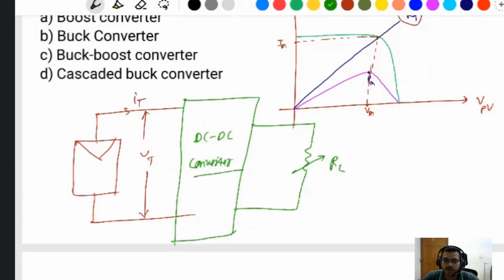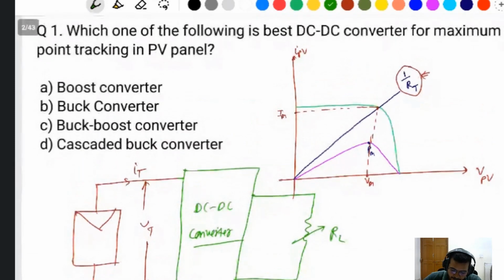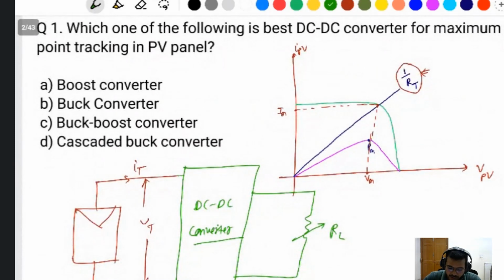There are many types of DC-DC converter, like isolated and non-isolated. The basic DC-DC converters are the buck converter, boost converter and buck-boost converter. From these you can make different types of converter.